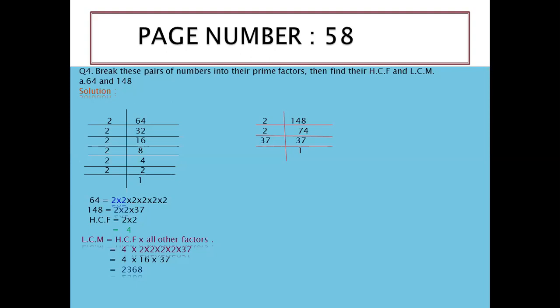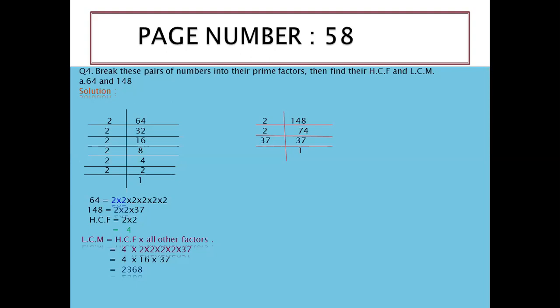HCF is 4. Now we write the formula of the LCM. HCF multiplied by all other factors. HCF is already 4. Then you see the remaining numbers in 64. How many 2's are left there? We already selected 2 2's for the HCF. How many 2's are left? 4 2's are there, and 37 in 148.